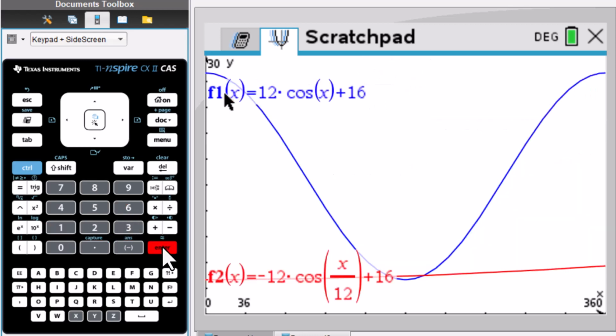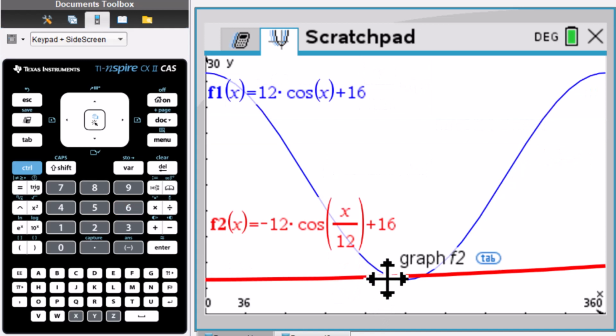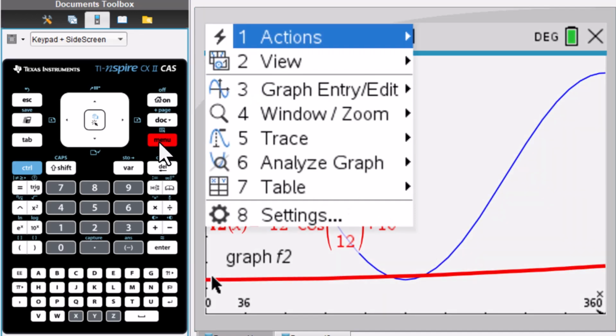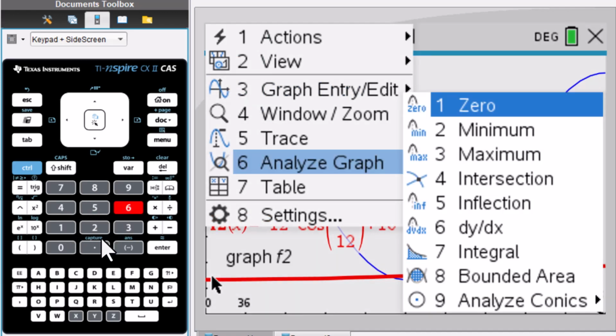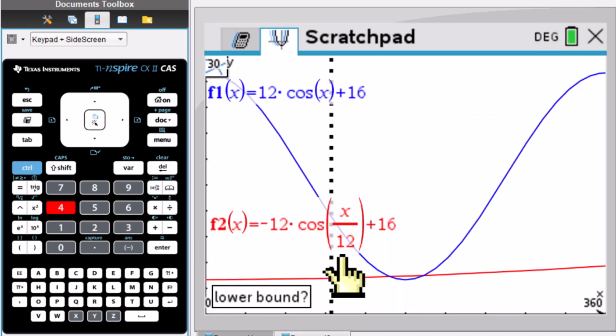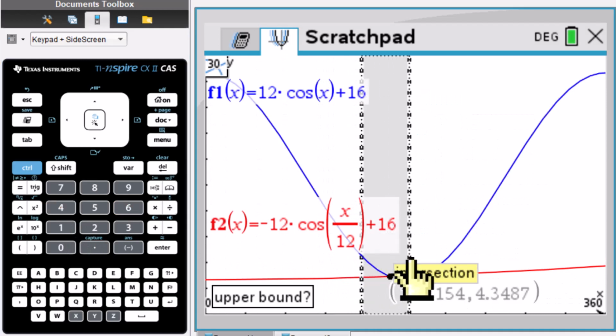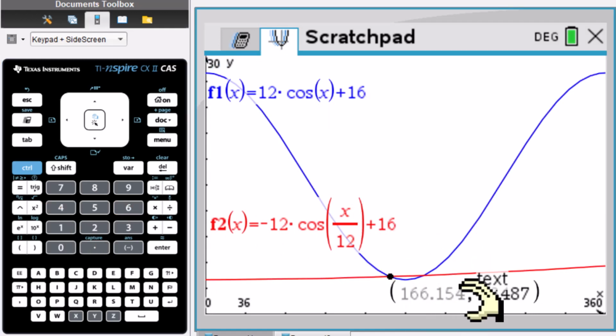Then enter. You can see we have two intersections. We are looking for the first intersection. Menu 6, 4. 166 will be the solution.